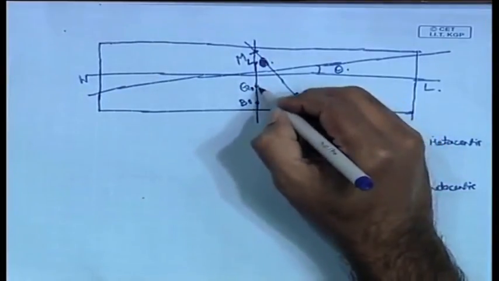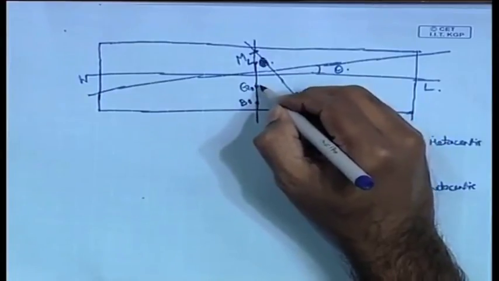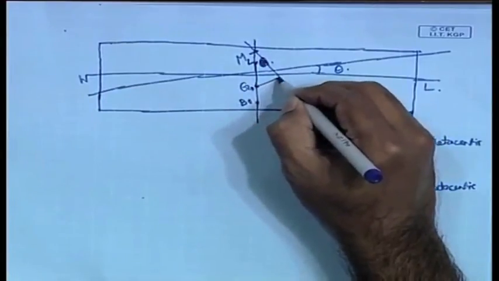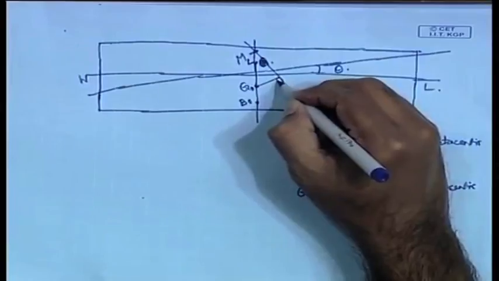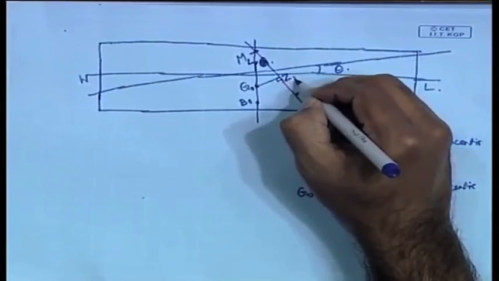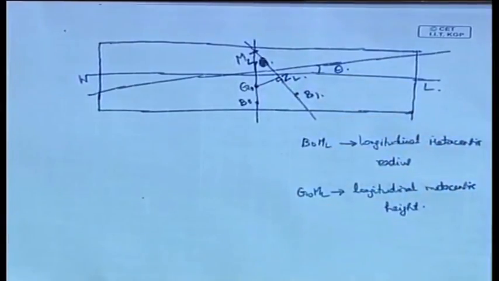Then we can draw a perpendicular from G0 to this line. This is a perpendicular, we will call that ZL. As you remember before, we called GZ the righting arm. This is the restoring arm, or the arm which causes the ship to come back to its original position.